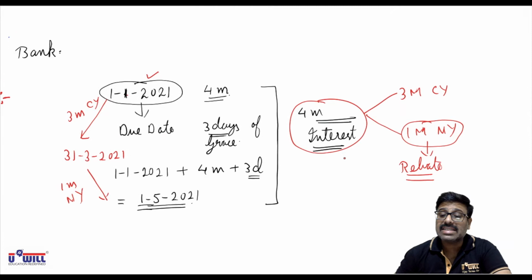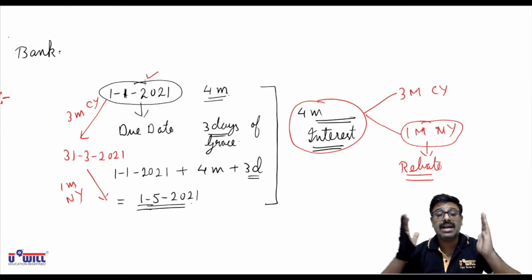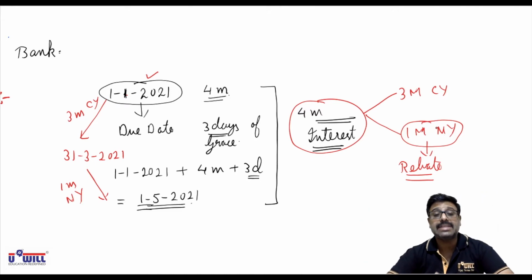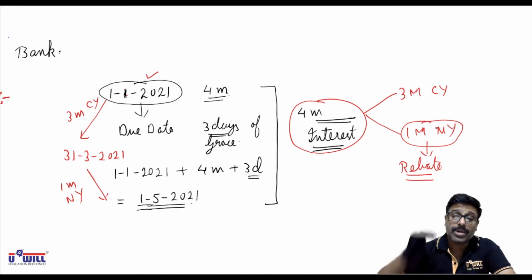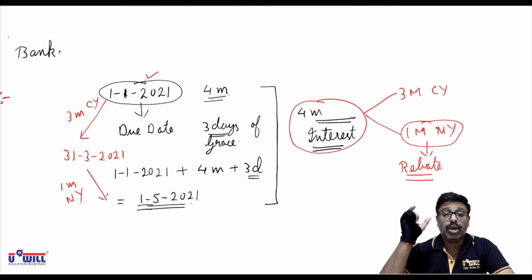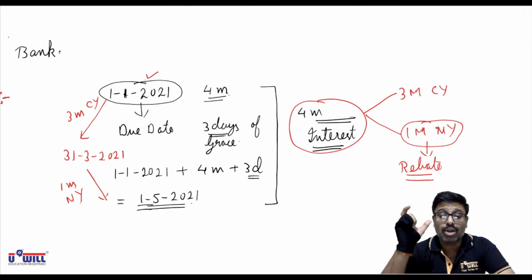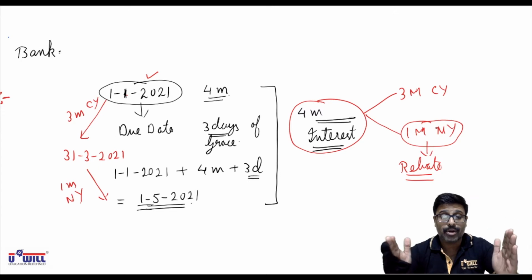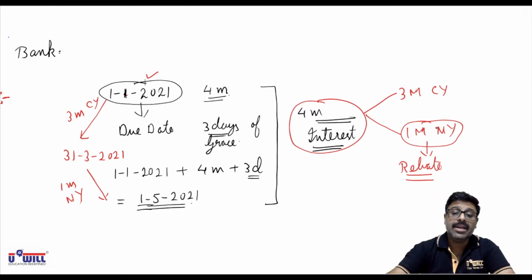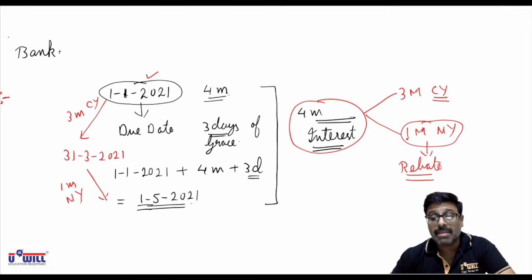But if there are some bills which are discounted by the bank in the current year but they mature in the next year, then whatever discount the bank collects on such bills, some interest belongs to the current year but they are going to mature in the next year, so some amount of interest belongs to the next year.